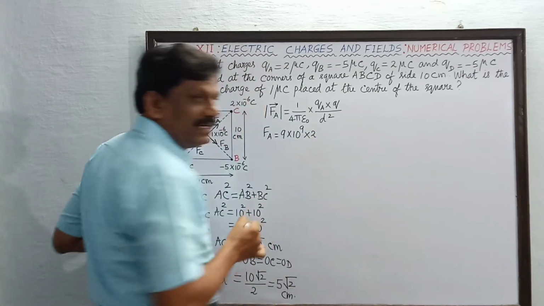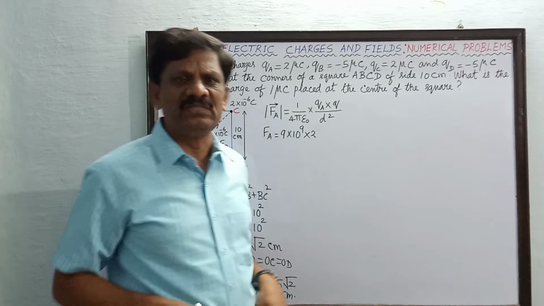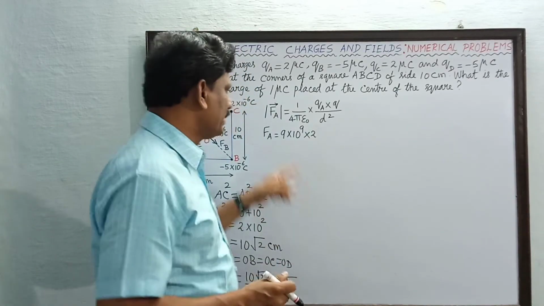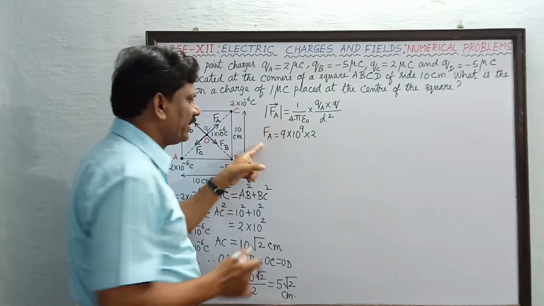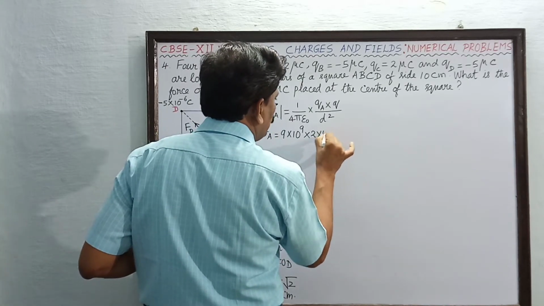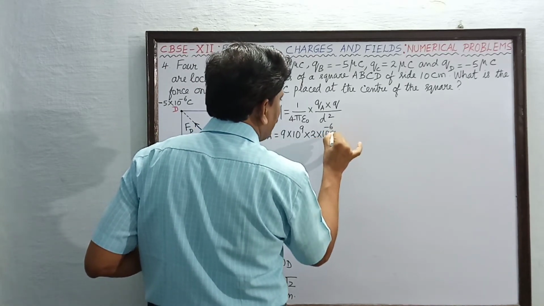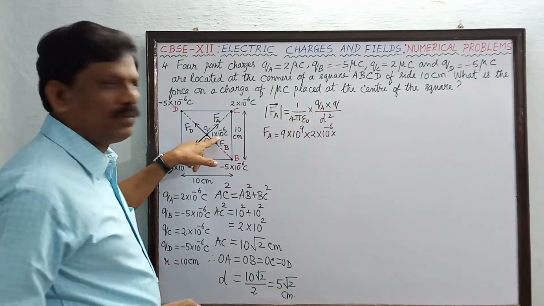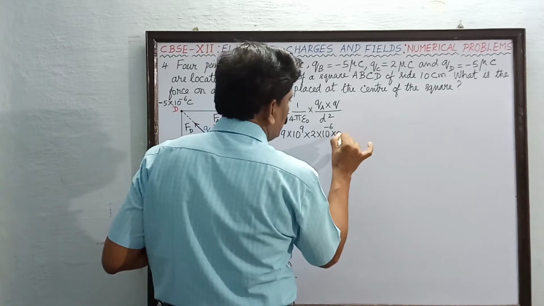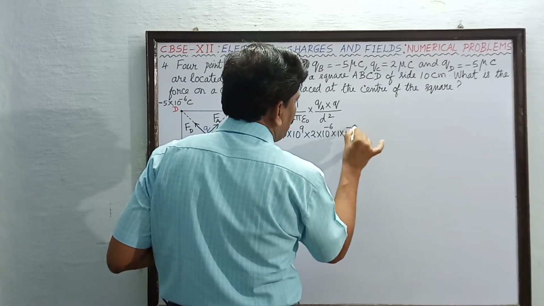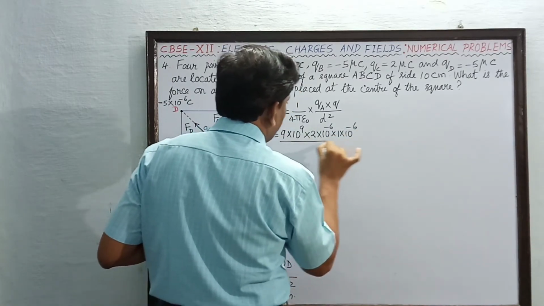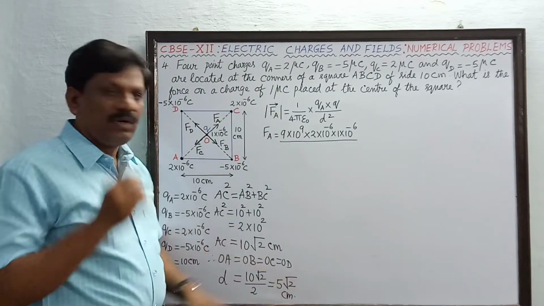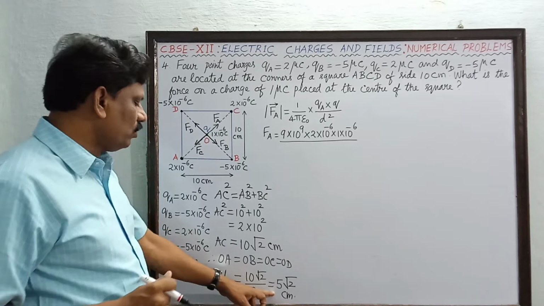We take only the magnitude, whether the charge is positive or negative, because we want to find only the modulus. Into the given charge at the center Q, which is 1 microcoulomb, that is 1 into 10 power minus 6, divided by distance square, that is 5 root 2 the whole square.